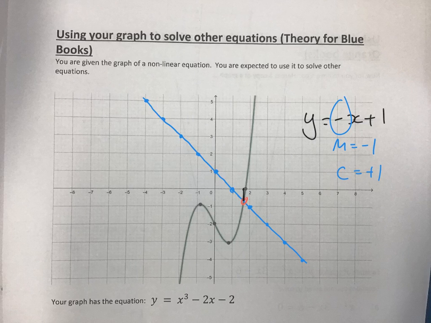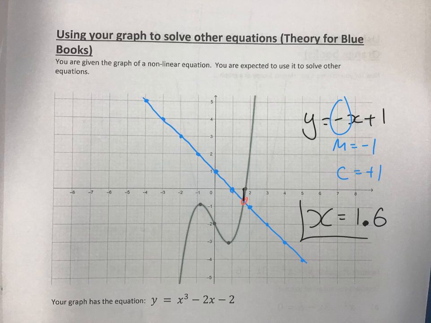I think we're looking at x is equal to 1.6. I'm not really fussed if you get 1.7 or 1.5 or 1.8. If you misread, or if it's difficult to read the x-axis here, that's not really something that will bother me.